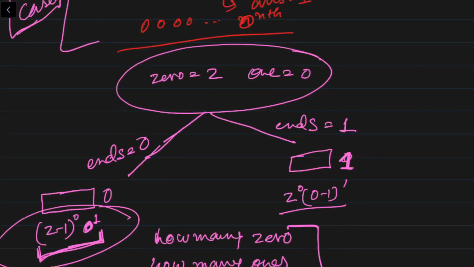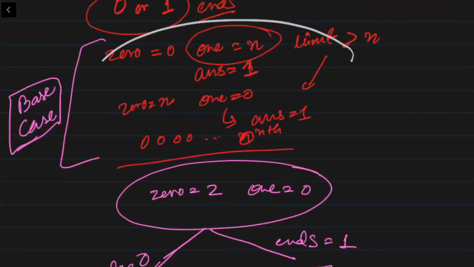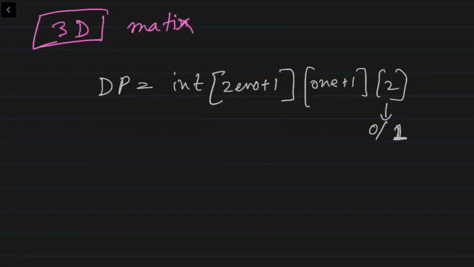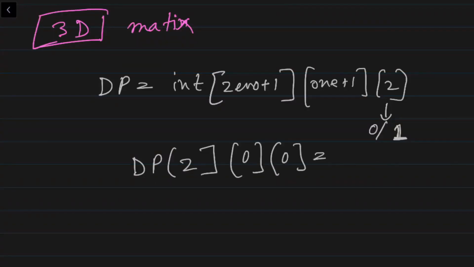So our base case is this one. So our dp of z comma 0 comma 0 is going to be 1 for z less than or equal to limit.